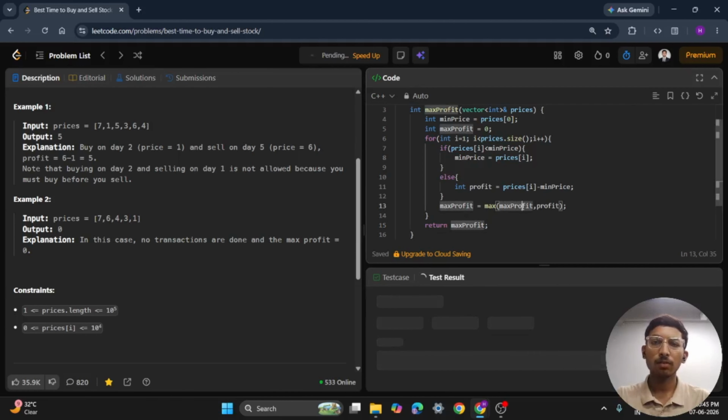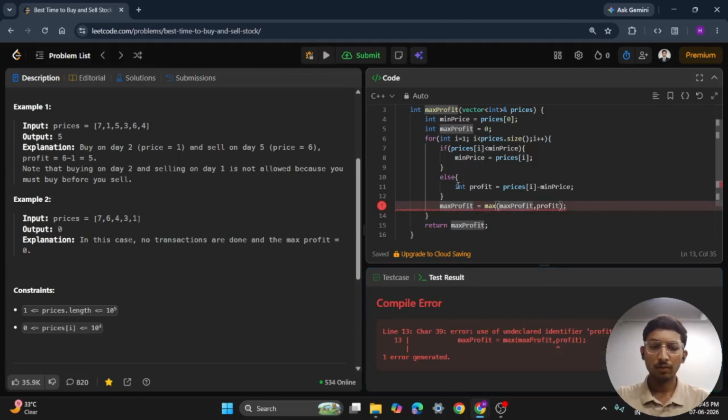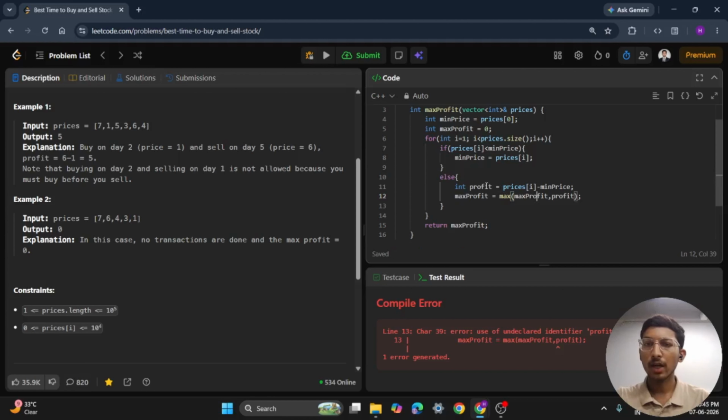Actually, here we can place the maxProfit inside the else condition, which we will do. And here is one more problem: here is a spelling mistake. We have written a wrong spelling of profit.